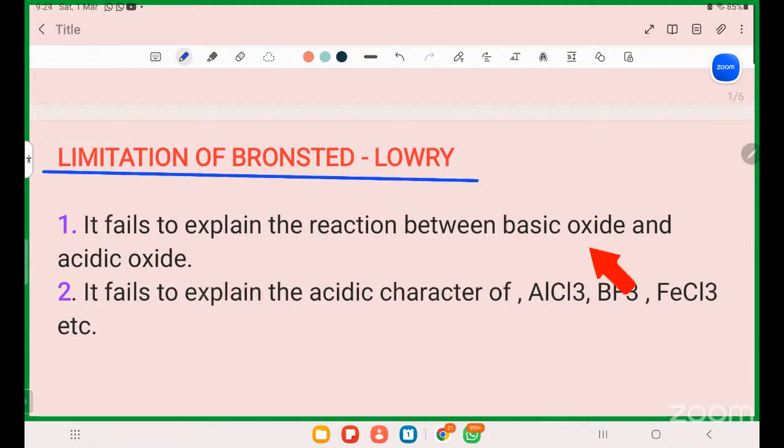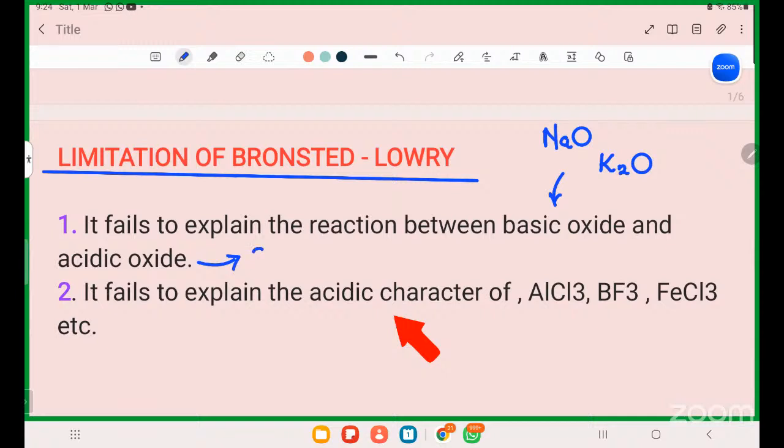Basic oxides are oxides of metals. Oxide of metal, we refer to as basic oxide. For example, sodium oxide is a basic oxide, which is a base. Another basic oxide is potassium oxide, oxide of metal. We call them basic oxide. Then the acidic oxides, which are also known as acid anhydrides, are the oxides of non-metals.